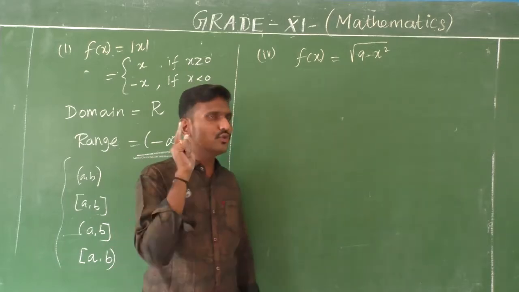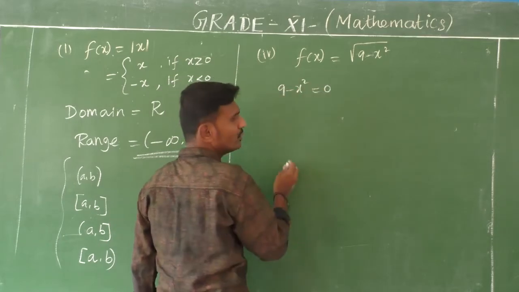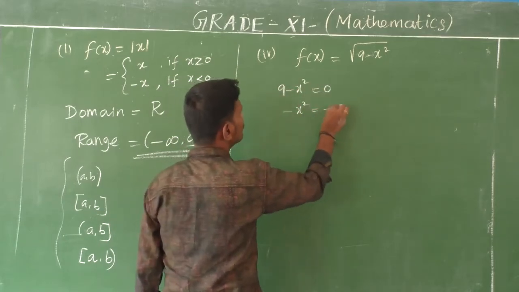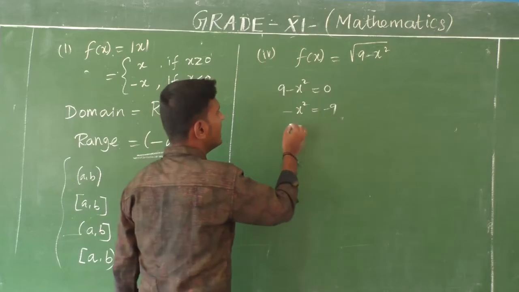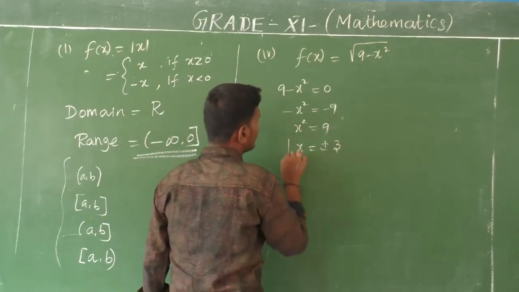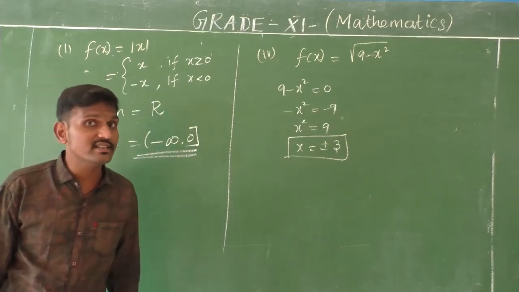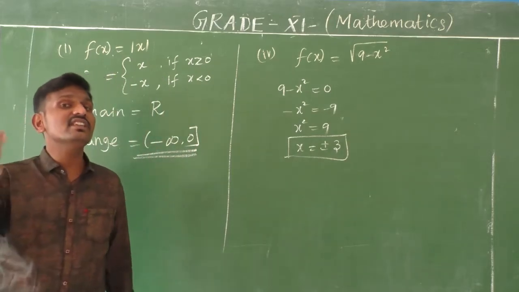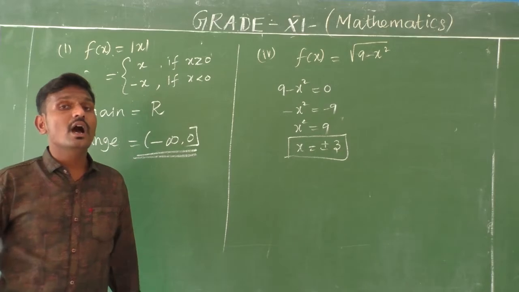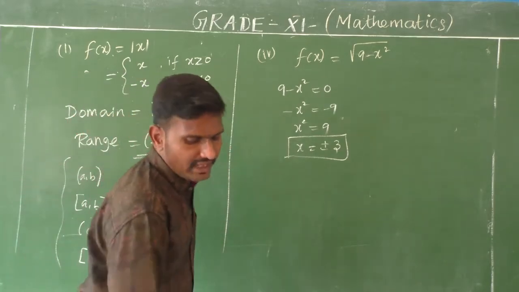Yes or no? So for that, I am taking 9 minus x square is equal to 0. So minus x square equal to minus 9, moving the 9 to that side, and x square is equal to 9. The x value I am getting is x equal to plus or minus 3. So what are the values of x? Plus or minus 3, which means plus 3 and minus 3, both we have to consider. Okay, fine.